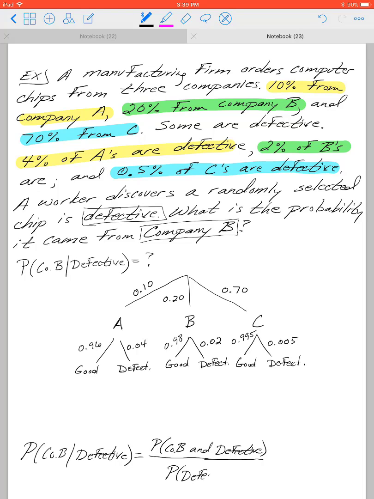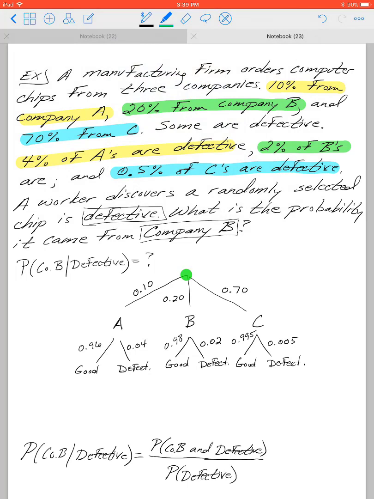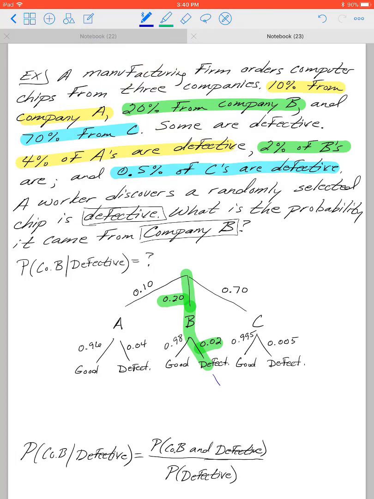Okay. So let's see. Company B and defective. Let's check that path out first. B's green. I'm going green. Okay, so company B, that's going to be this way, and defective, that's going to be this way. So we're taking this journey down this tree. So for this right here, we have 20% multiplied by 2%.